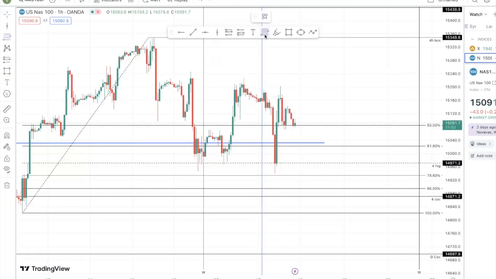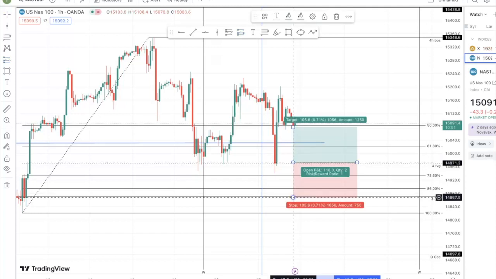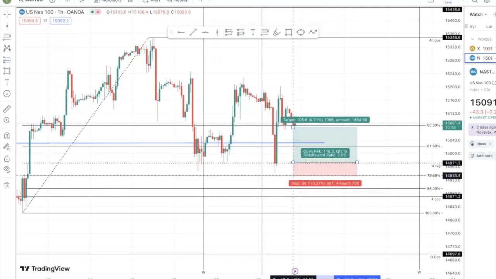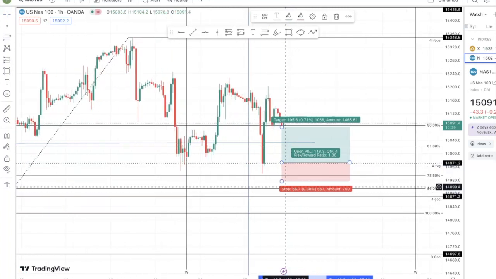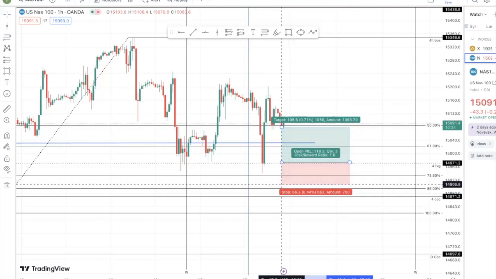So what I did was, I took my risk to reward tool, right? Put a sell limit in this area, and I had my stop loss a little bit beneath this, so I had a 60 pip stop loss.